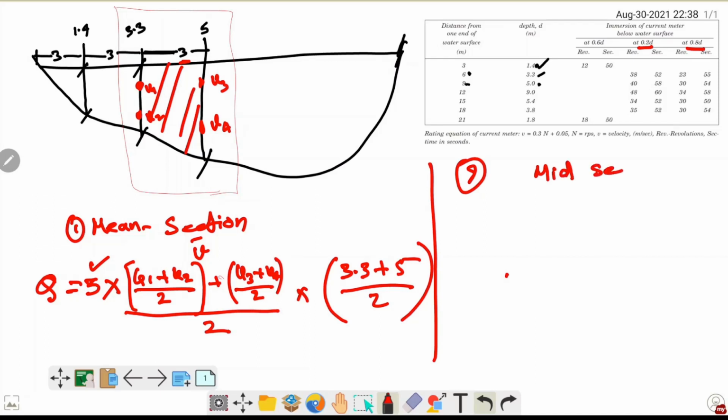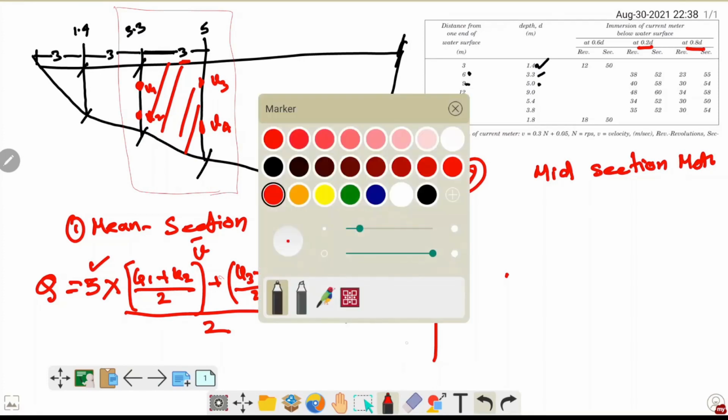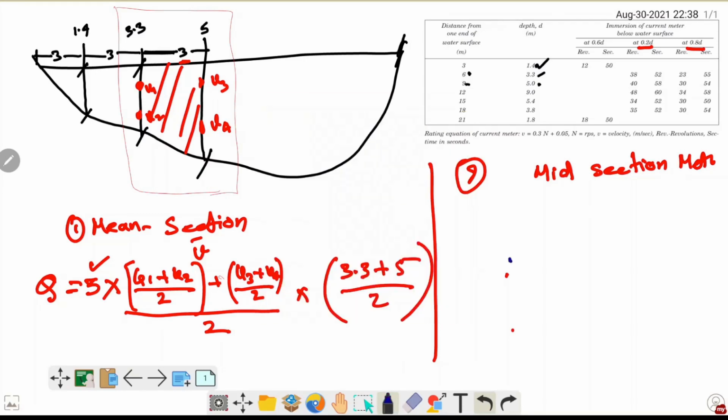Now number 2 is going to be the mid section method. In this, again, let me take a blue color here. If you see, we'll have to take the half, right?